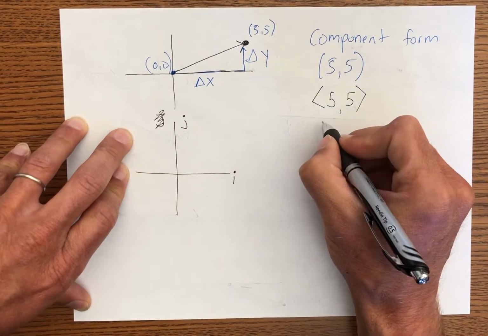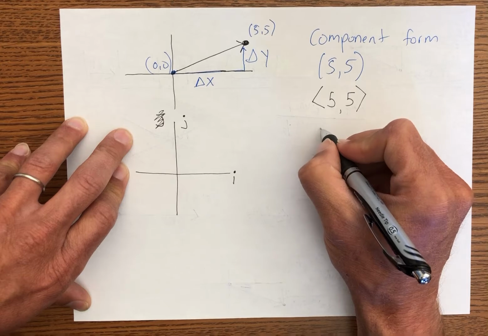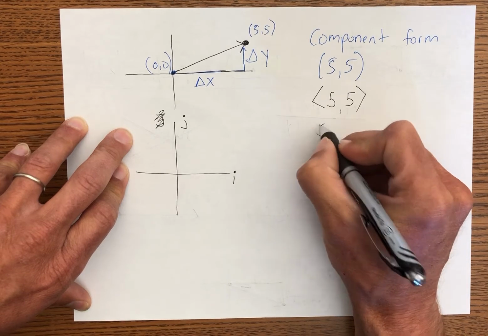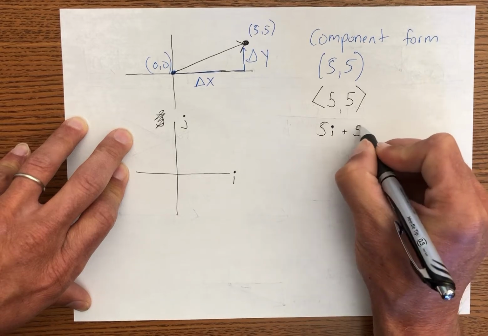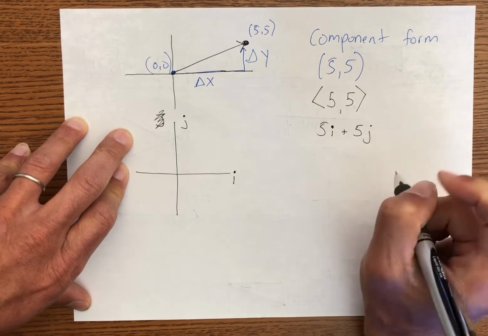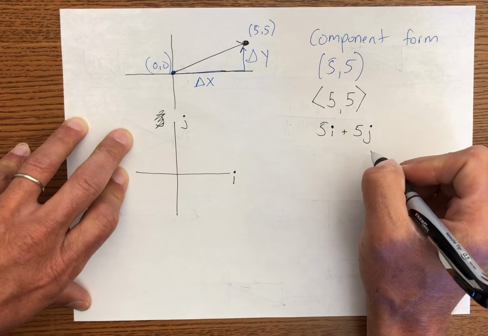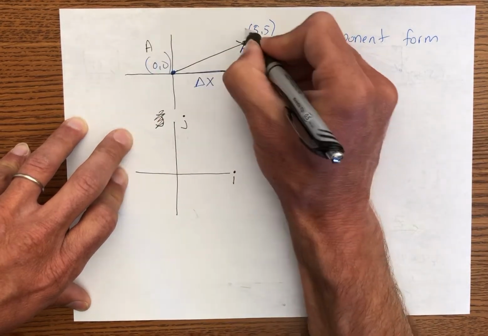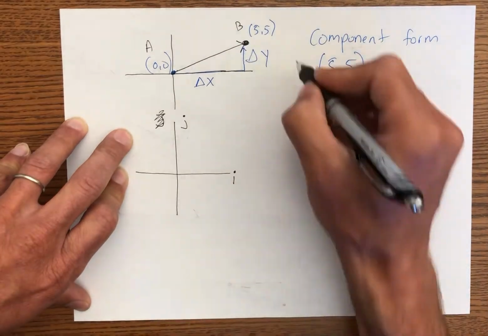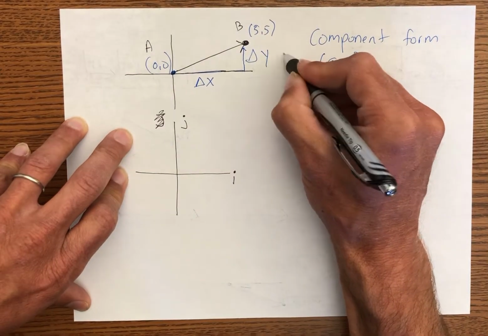So this can also be written as 5i plus 5j. But they would have to name the vector. So let's call this point A, and this is traveling to point B. So we're going to call this vector AB.